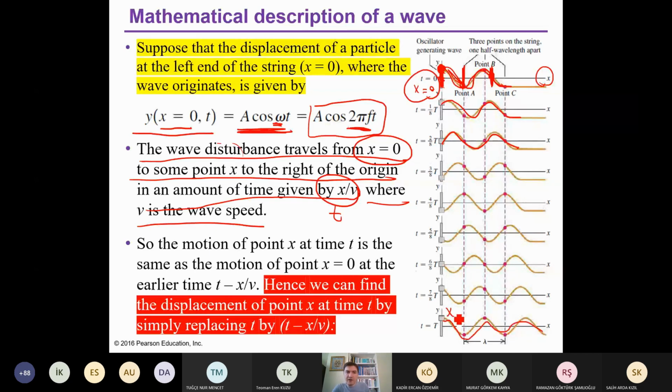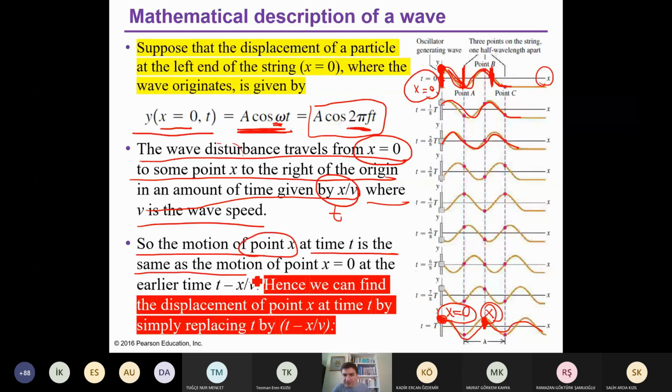And now we are dealing with another particle. Its position is x. We have investigated the motion of the particle where x is equal to 0, and here we will investigate the motion of the particle staying at x. The motion of point x at time t is the same as the motion of point x0 at an earlier time.